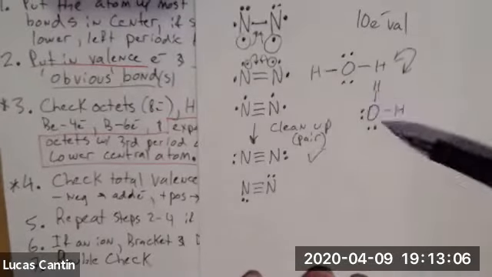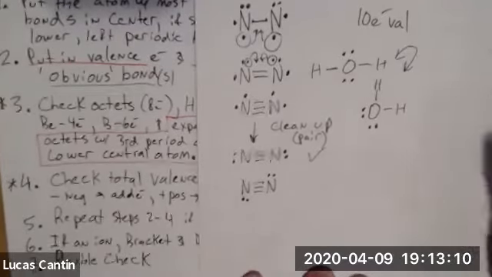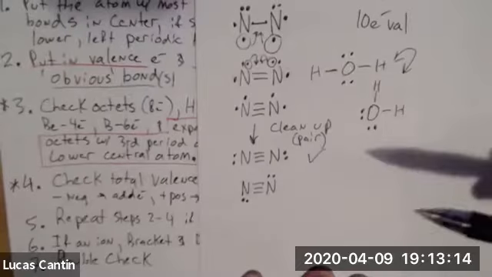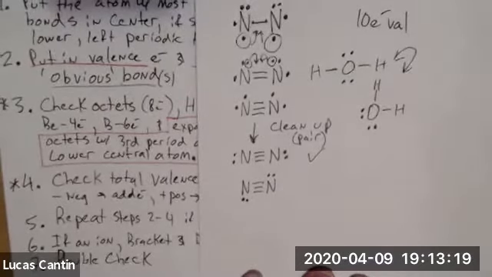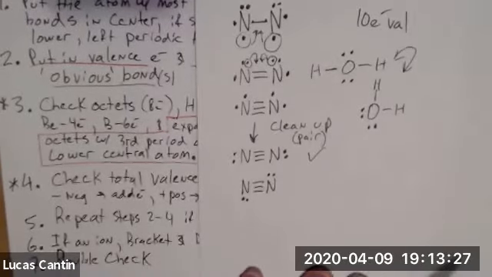So neither one of these structures is the shape of water. The information in a Lewis structure is how many lone pairs on which atoms and how many bonds between who and whom. And that's it. So we'll talk about the shape after spring break.